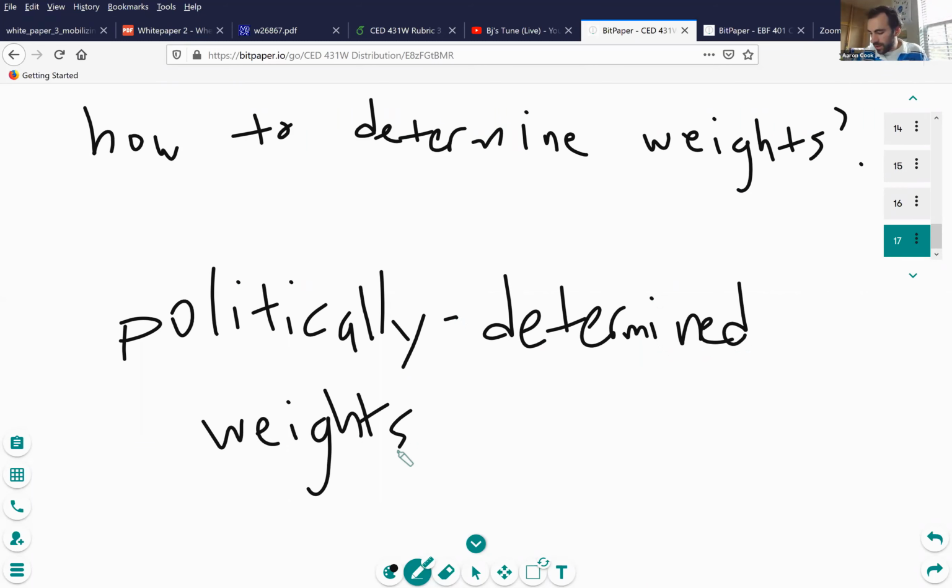What I mean by that is, what are the weights that politicians are implicitly choosing when they choose one policy over another, in the event that the policy they choose actually has a smaller net present value than the policy that they didn't choose? So that's the abstract version of it.